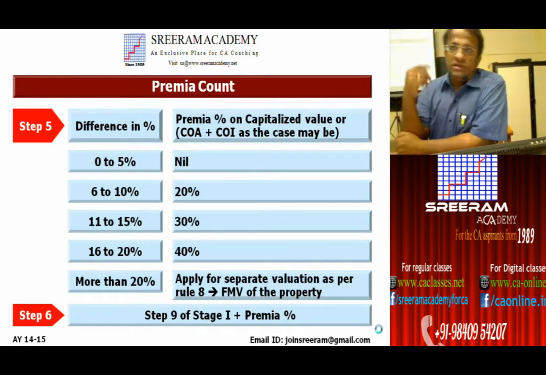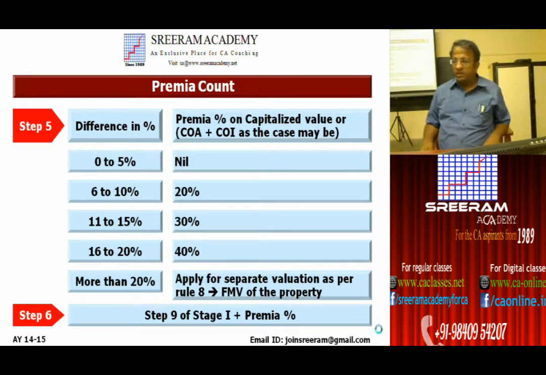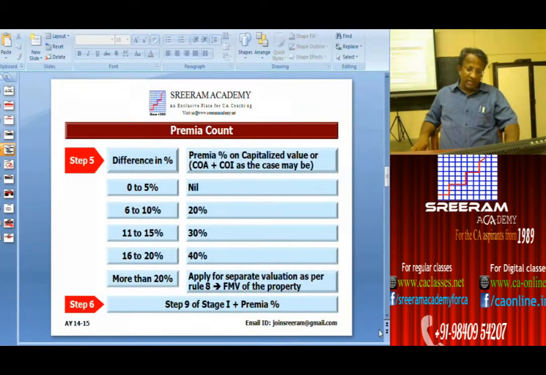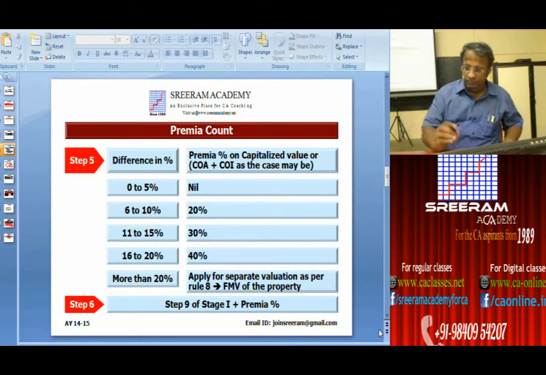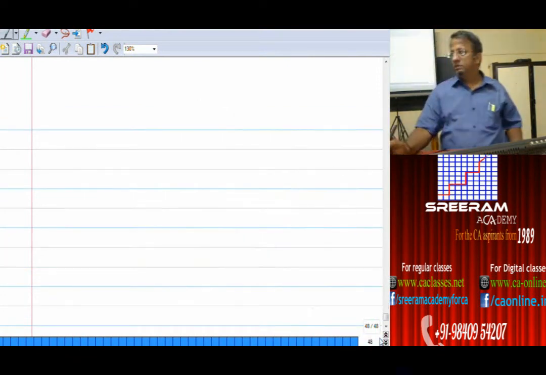Shall I proceed to the next stage? See, this second step got over. Now there is a need for me to tell some logic about step 2, stage 2, and then I will proceed. Shall I proceed?